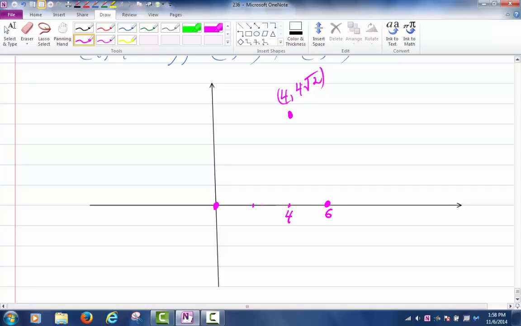So what should I do? Well, I start with the leftmost point that I have now. I need to know what is happening on the left side of this point, at 0. We are going to use the increasing, decreasing behavior and the concavity. On the left side of 0, is the graph increasing or decreasing? Look at the sign graph for f prime, right? We said that the function is increasing up until what? 4.